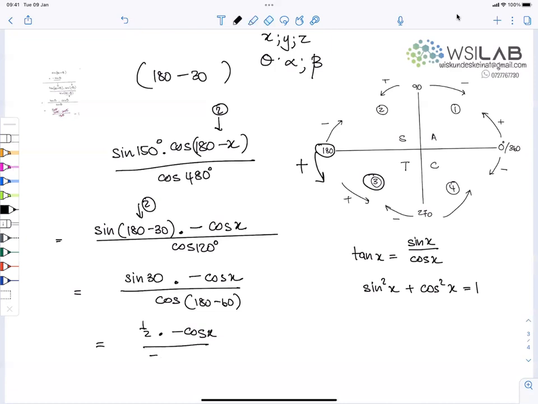I'm just going to write it, negative cos 60. This gives me half times negative cos x on top and negative half at the bottom. And that gives me cos x as an answer. Did you get that? Yes, I wasn't wrong. You were right. Awesome.